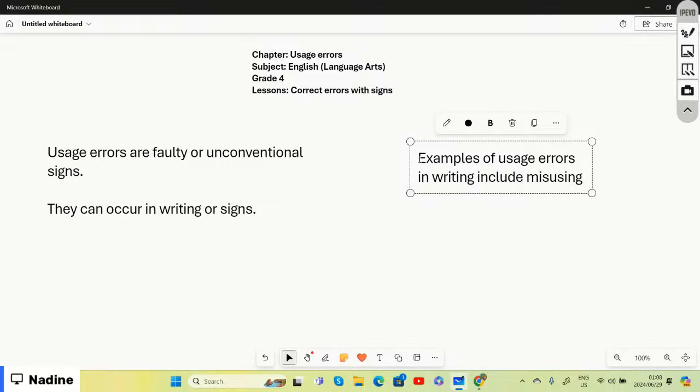So it's basically us misusing or missing a word.